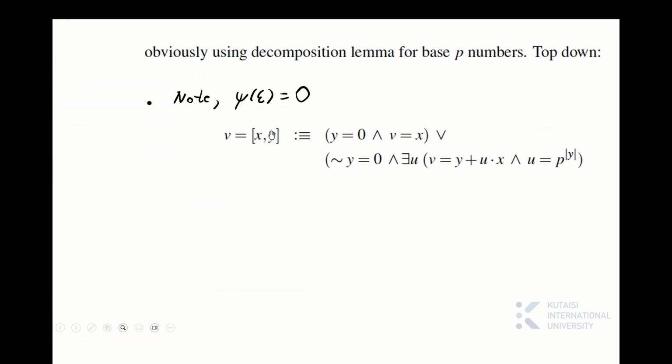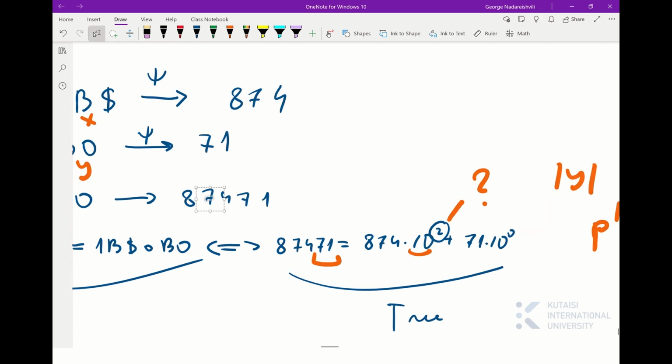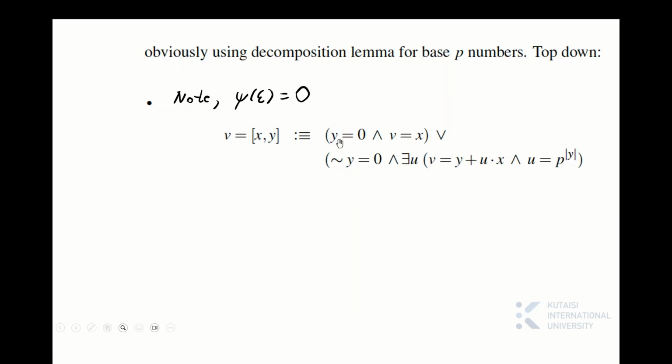So this is a number that corresponds to epsilon, right? As we did here. If I would have had epsilon here, this goes to 0. I know this by psi. So this is exactly what this guy says, that y is 0. That means y, whatever y was reflecting as a natural number, was the empty set. So y is 0 and v is x.